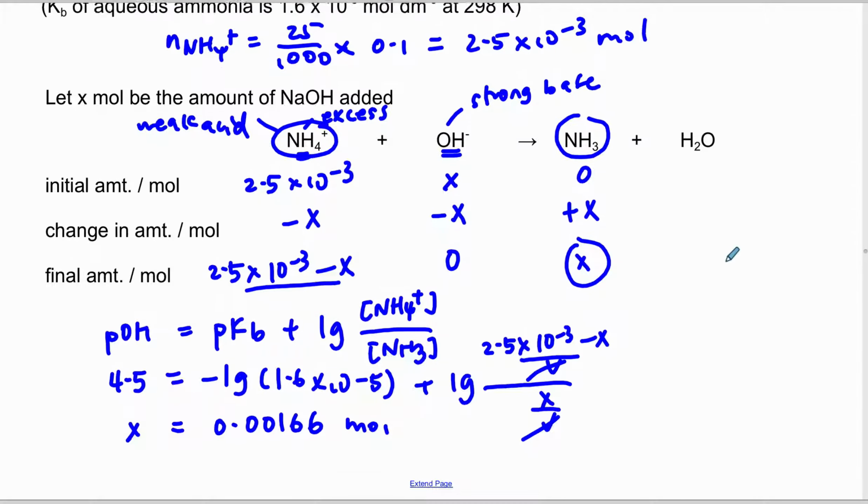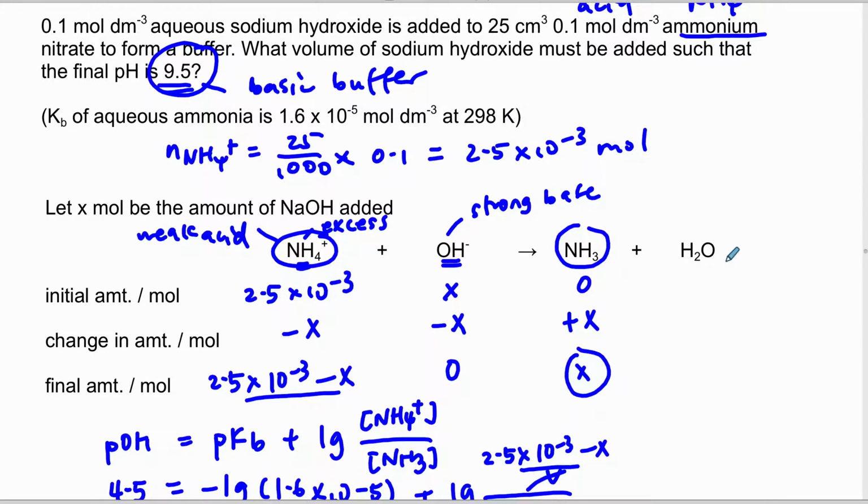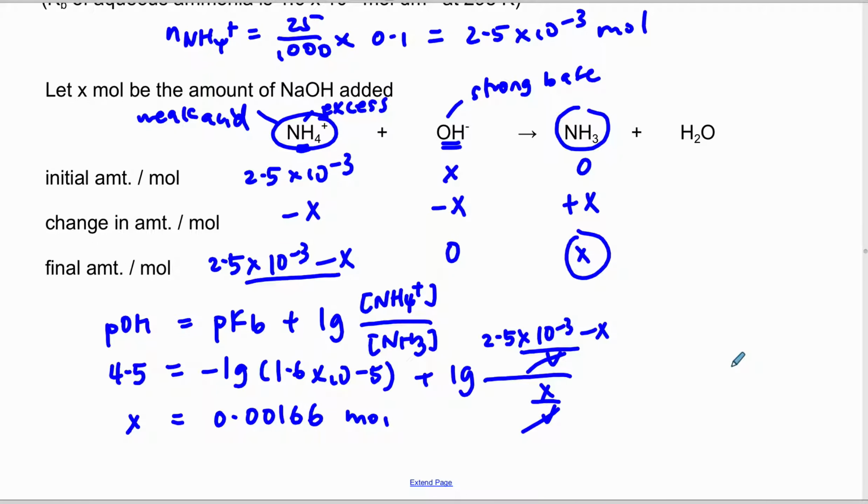So what's the question asking? The question is asking for the volume of sodium hydroxide. In order to find the volume of sodium hydroxide, we know that concentration equals moles over volume, which means volume equals moles over concentration.